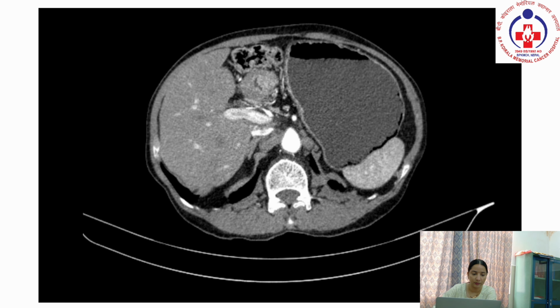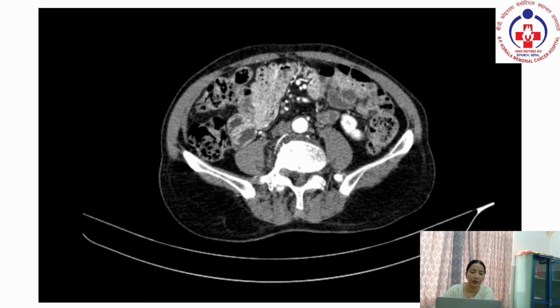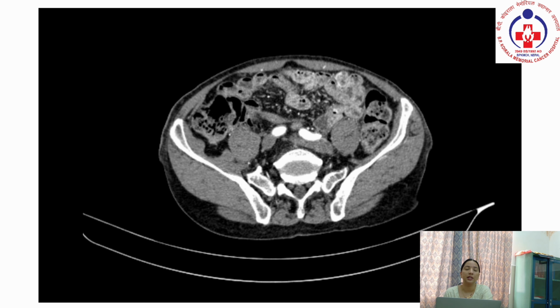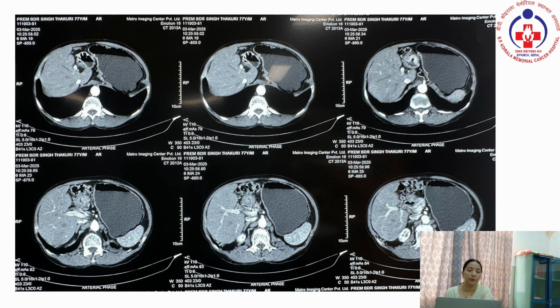The duodenum is patent, and no significant lymph node was present on this CT scan. With the finding of an ulcerative proliferative lesion in the antrum and the presence of a mass in the CT, this is the same CT where we can appreciate the growth.